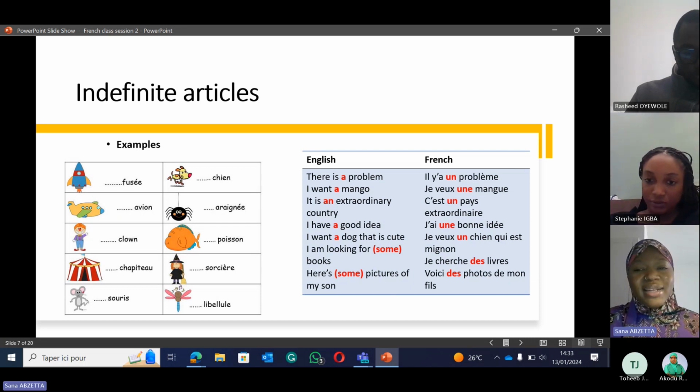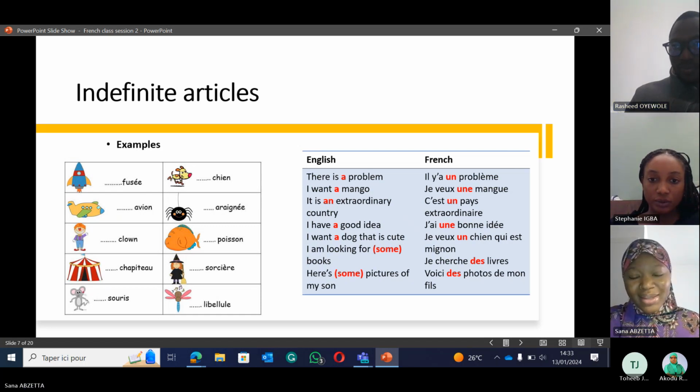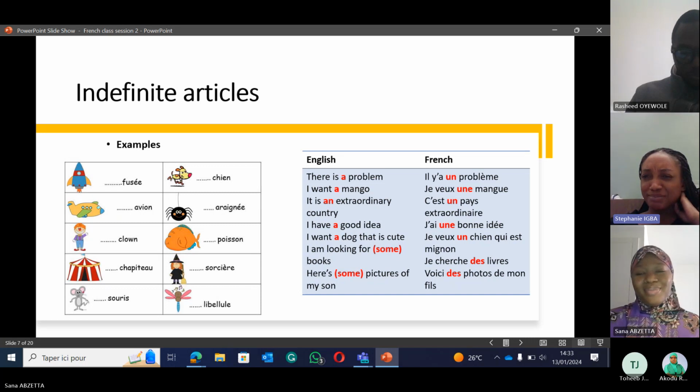Okay. So I try here to build some small sentences with the articles. If you want to say there is a problem, how can you translate it in French? Can you try to read? Il y a un problème. Okay. The second one, I want a mango. J'ai vu un mangue.